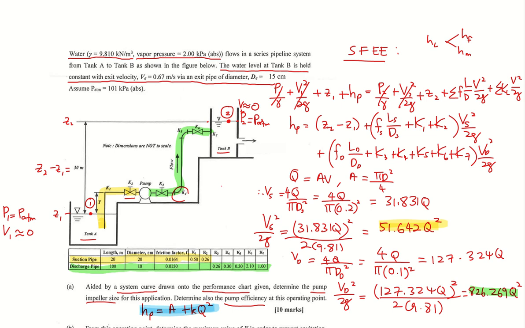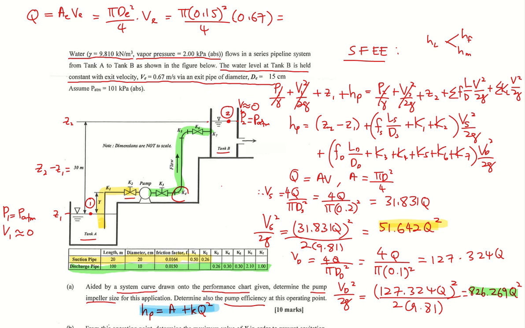So basically from here, you can get the Q because this is a steady flow system. So Q is constant. So Q equals A exit times V exit. So pi D exit squared over 4 times V exit. So pi times 0.15 squared divided by 4 times 0.67.